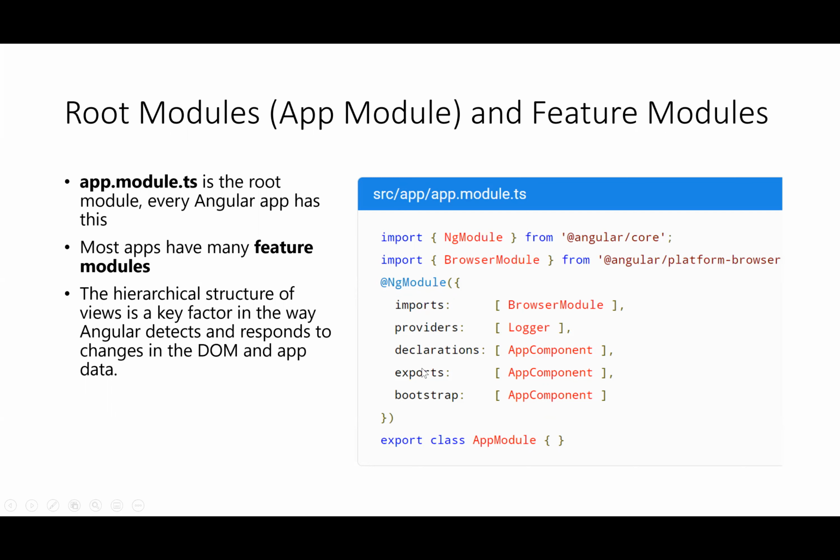Okay, most apps have many feature modules. So only one app module and many feature modules. And in here, you would define a kind of hierarchical structure of the view, and it's a key factor of the way Angular detects and responds to changes in the DOM and the app data.